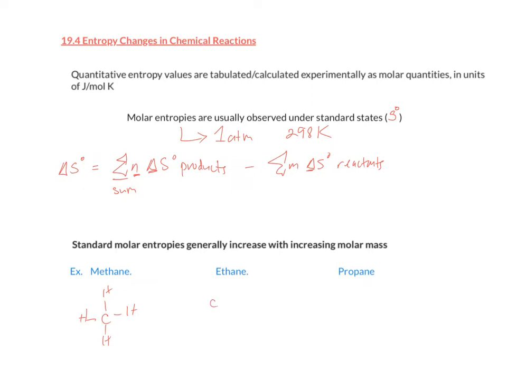Ethane, meth means 1 carbon, eth means 2 carbons in your carbon chain. The prefix is there. And then propane, prop means 3 carbons in your carbon chain.